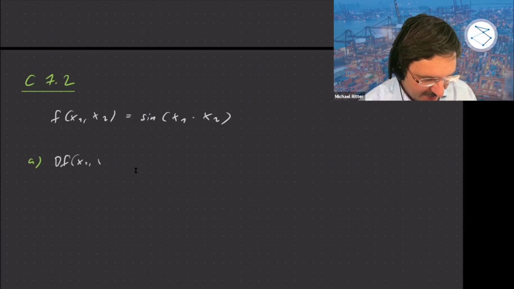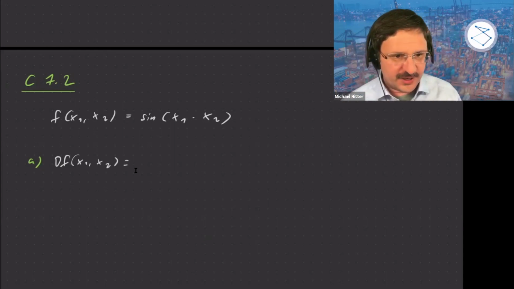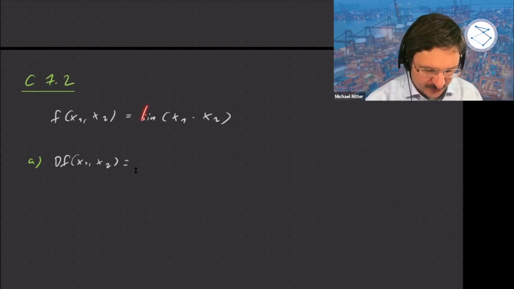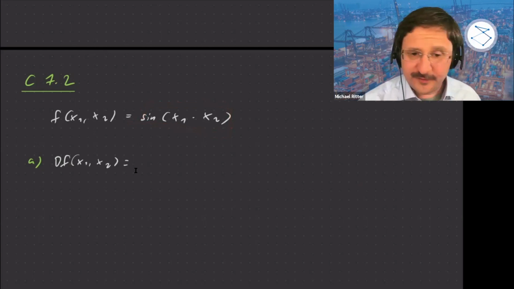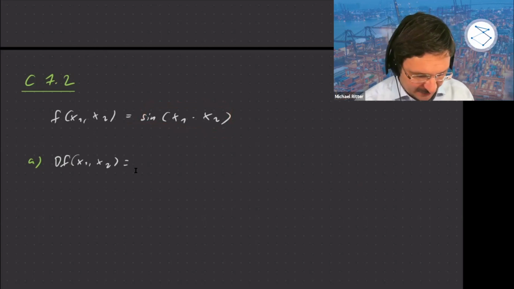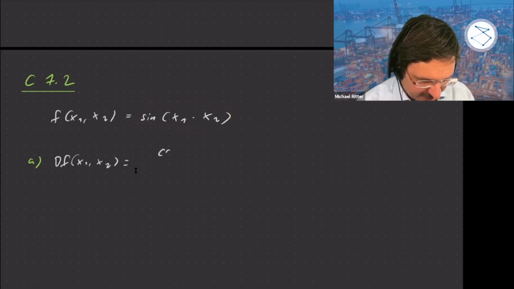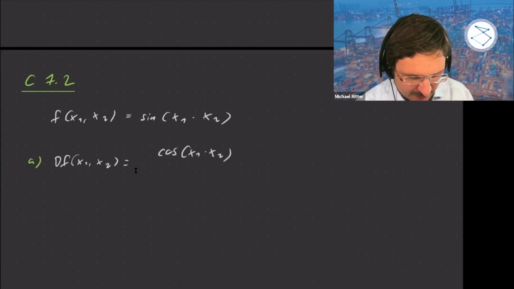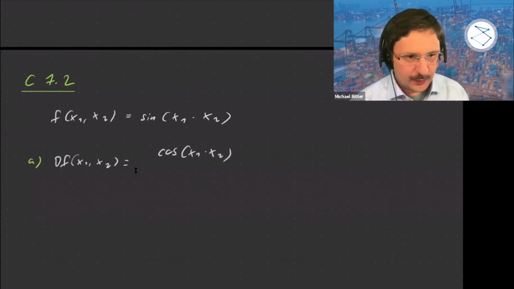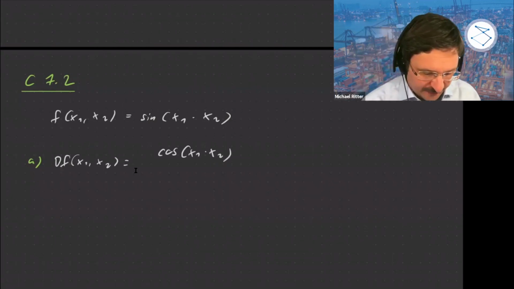As for the gradient, differentiating that expression with respect to x1, we always have to differentiate the sine, and the derivative of the sine is the cosine. And then we have to multiply the result by the derivative of the inner function. That here is the inner function.